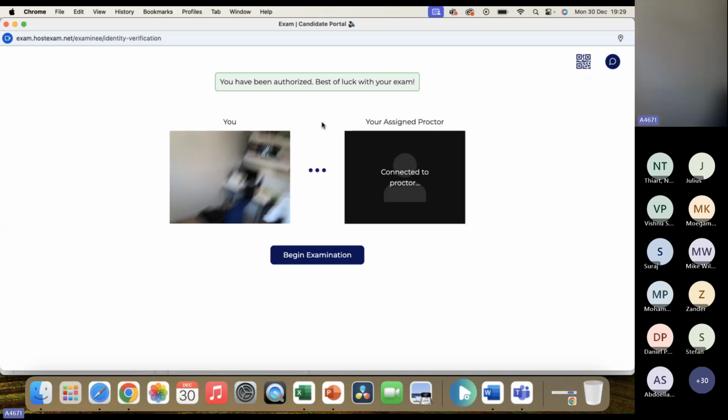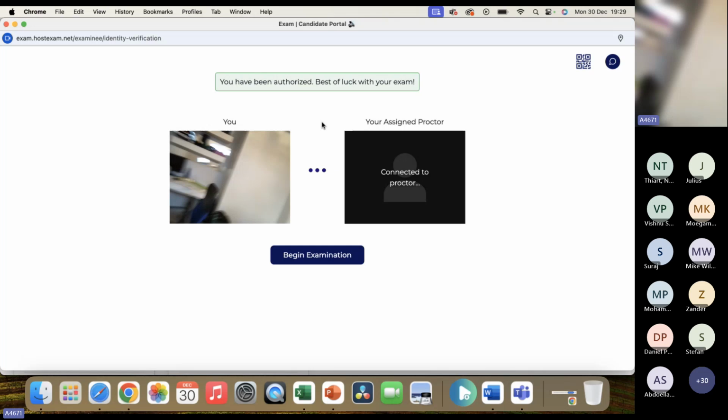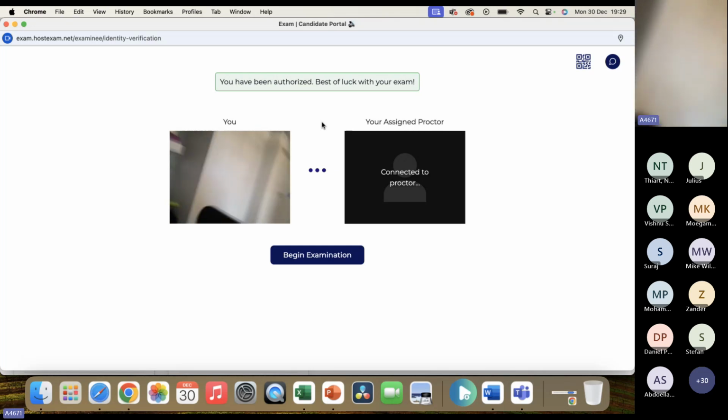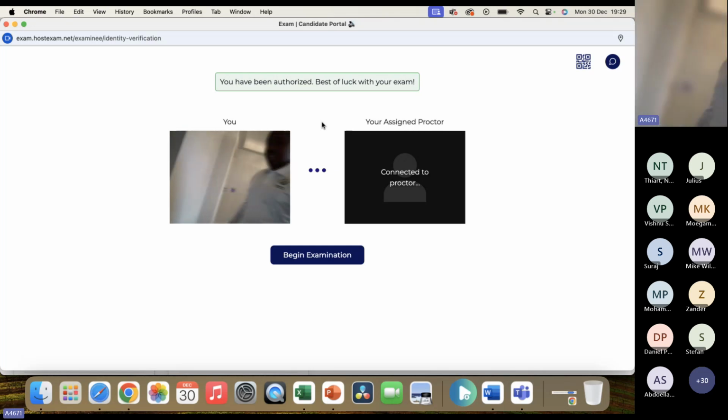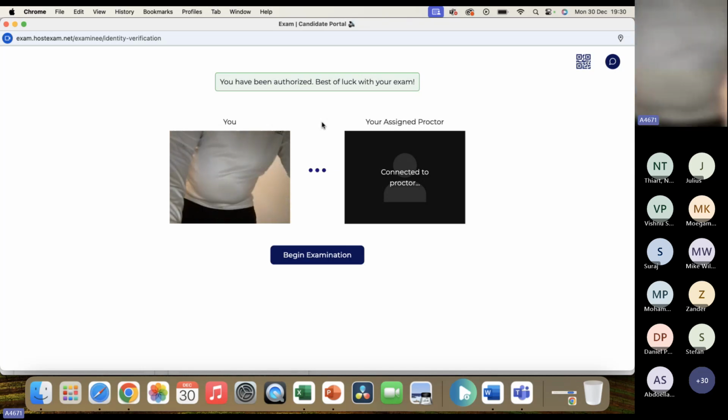And there you can see my desk, which has a printer on it. My phone is in the room, and we will see later in the demonstration that you are not allowed to use your phone.